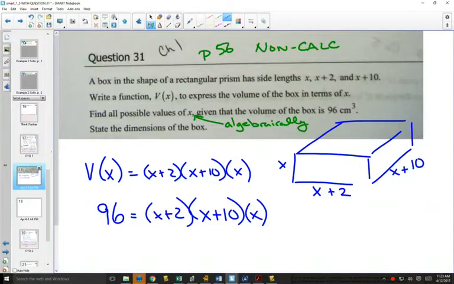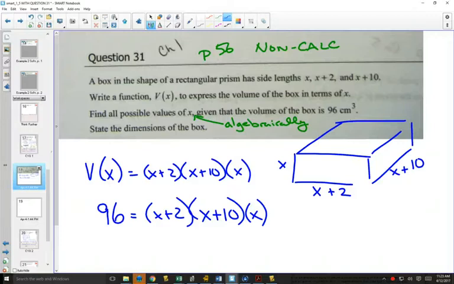So you try 1, 1's not enough, you try 2, it works, you quit, which makes sense. So now they've added this word algebraically. So if you were asked to solve the dimensions of the box algebraically, then just guessing and checking doesn't do that. How do you solve this?